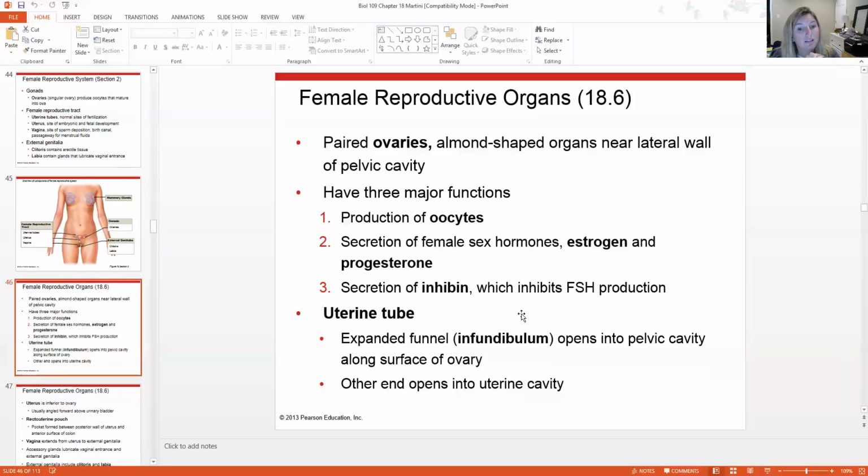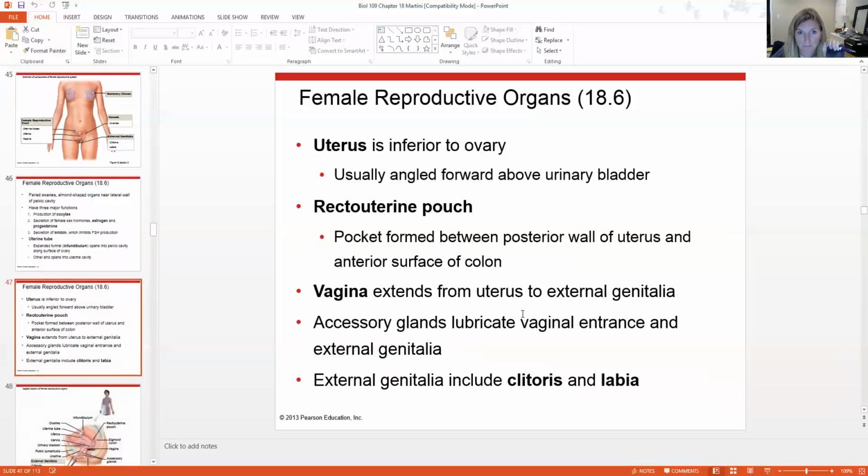The uterine tube has an expanded funnel opening into the pelvic cavity along the surface of the ovary, and then the other opening opens into the uterine cavity. The uterus is inferior to the ovaries. It's angled forward and above the bladder. There's the rectouterine pouch, which is the pocket formed between the posterior wall of the uterus and the anterior surface of the colon, and the vagina extends from the uterus to the external genitalia.